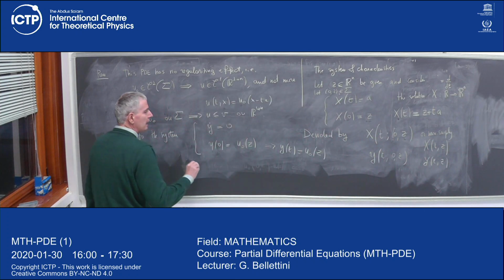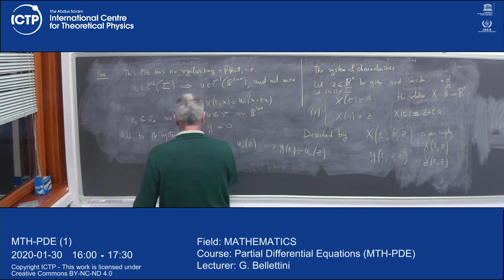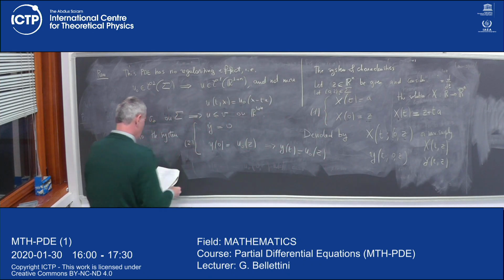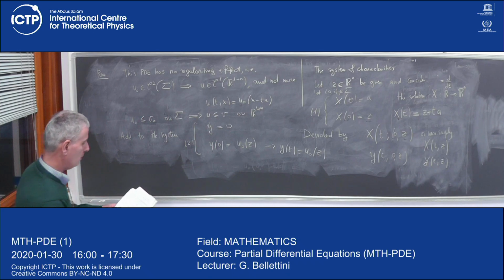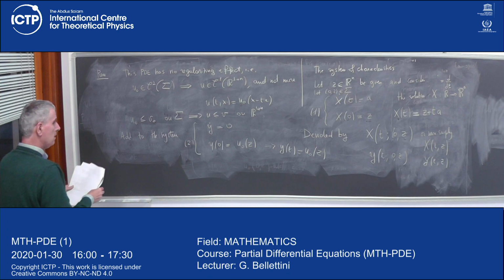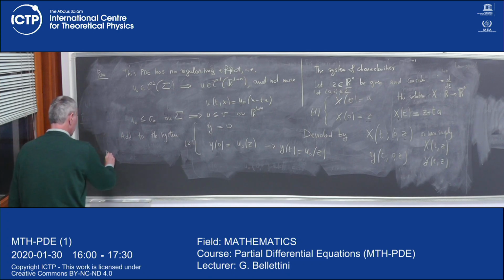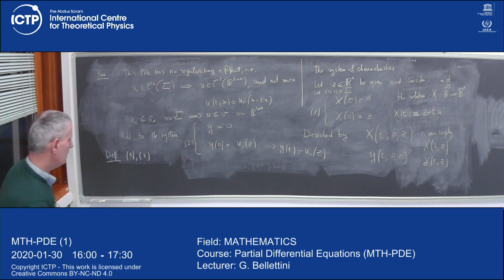Okay, so now finally system 1 and 2 is called the system of characteristics.